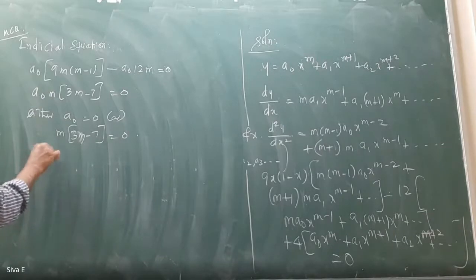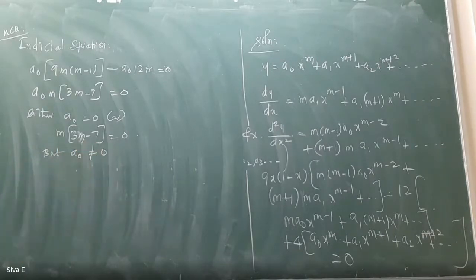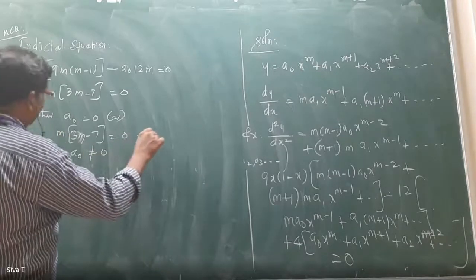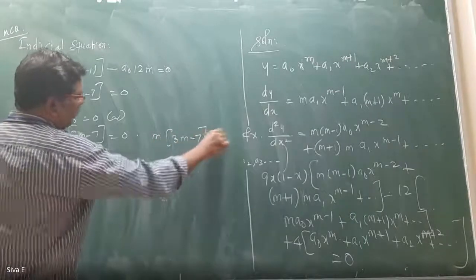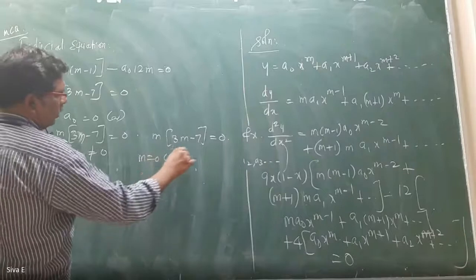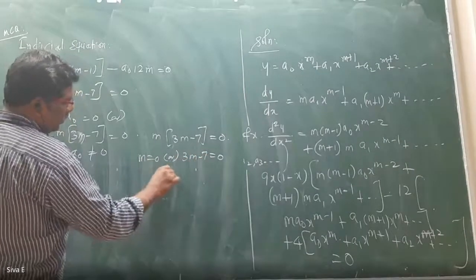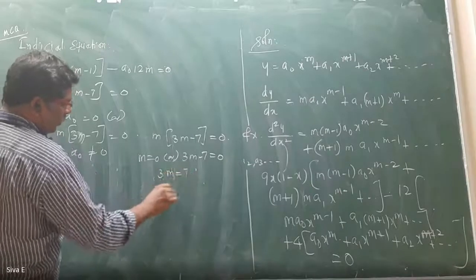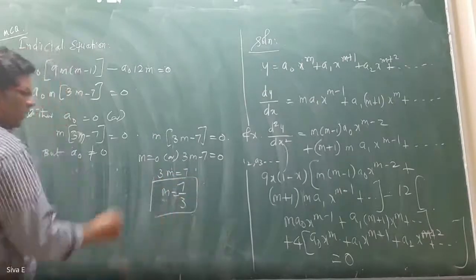But a naught is not equal to 0. You can take that m into 3m minus 7 equal to 0. So m equal to 0 or 3m minus 7 equal to 0. So 3m equal to 7, m equal to 7 by 3.